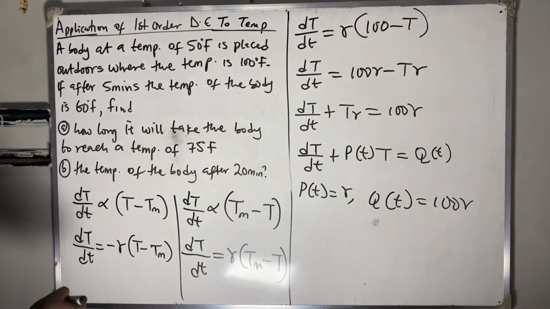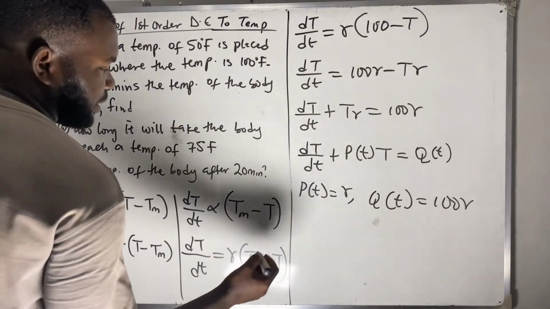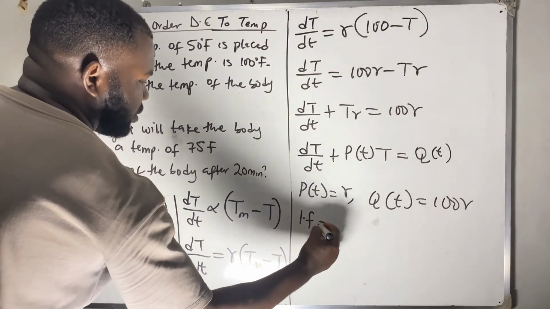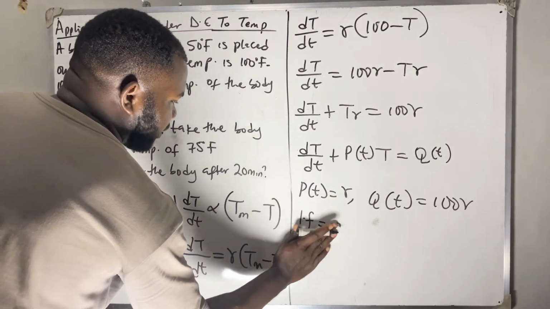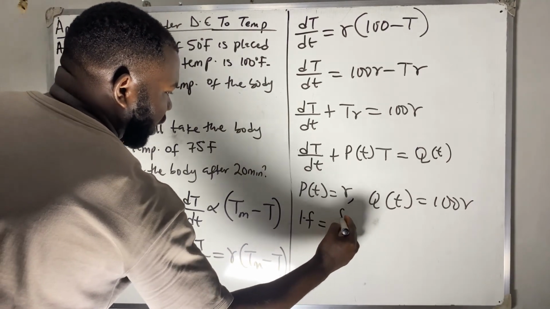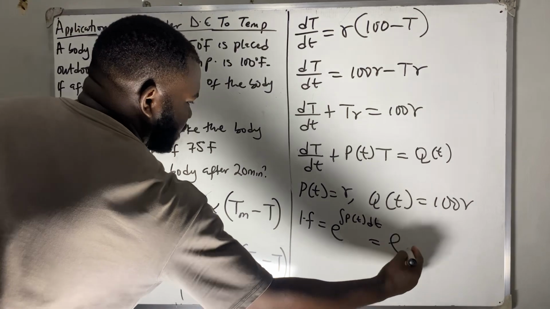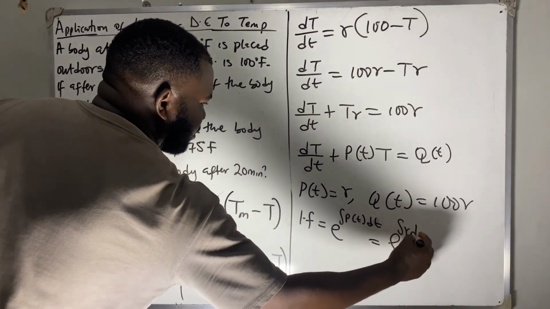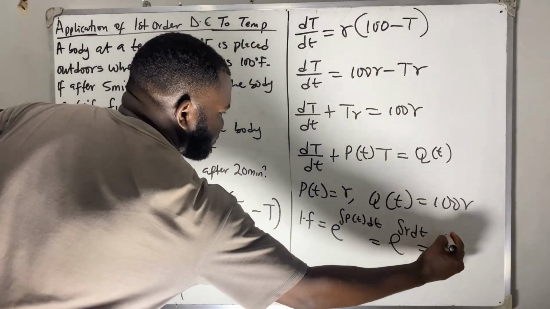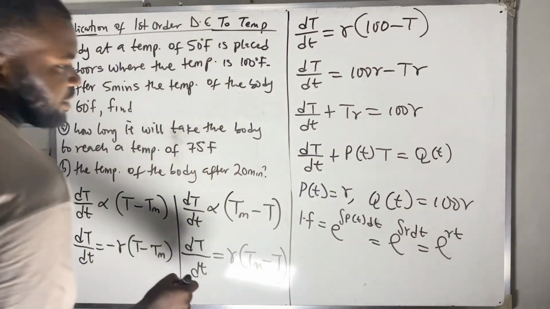So we will now have our integrating factor. The integrating factor is equal to exponential of the integral of P of t dt, which is exponential of the integral of r dt, which is exponential rt.